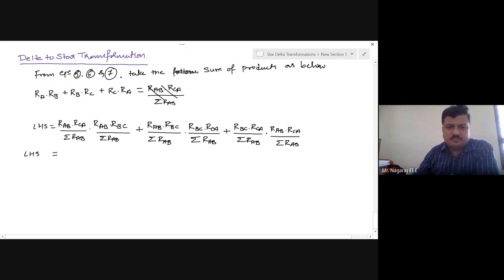In the second term there is RAB, RBC and RCA. In the third term there is RAB, RBC and RCA. So in the numerator of all the 3 terms, I have RAB, RBC and RCA common. And I have in the denominator summation RAB into summation RAB. I will not multiply them, I will keep it as it is.